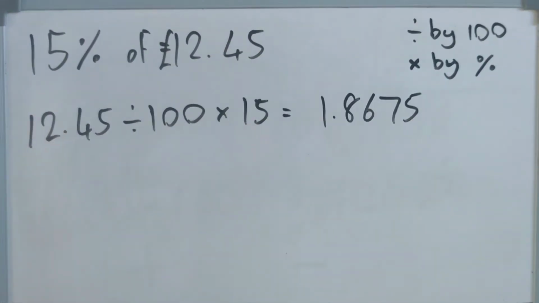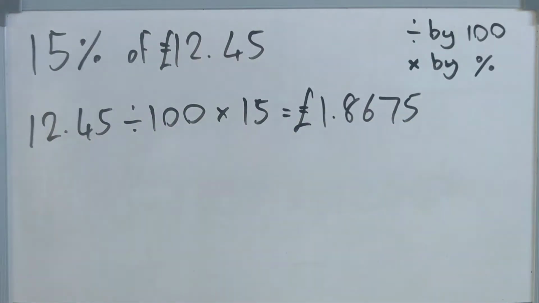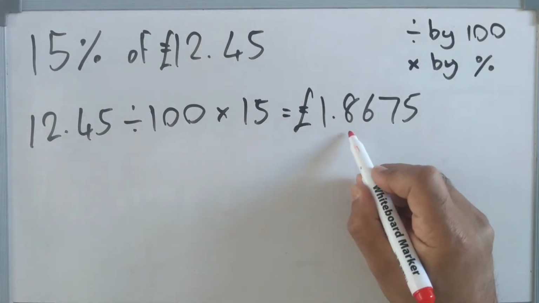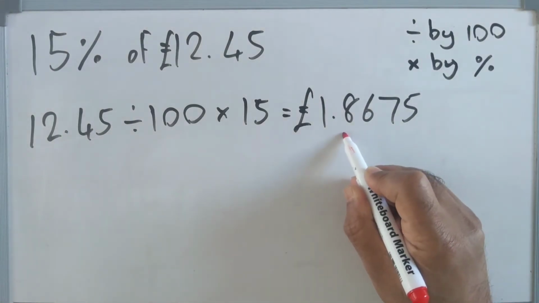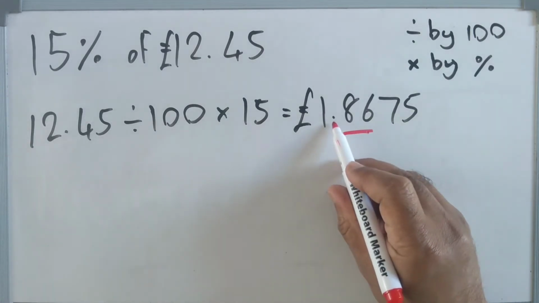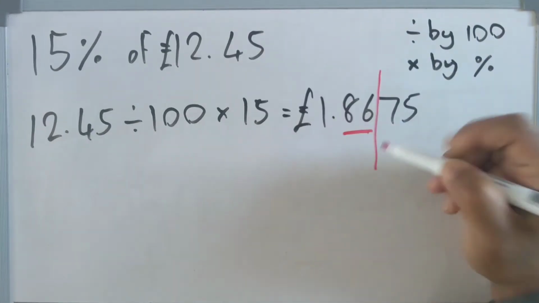Okay, and once again, we're talking about money, so it's £1.8675. That just doesn't look right, because normally when we're talking about money, we're talking about pounds and pennies, and we're normally leaving it to 2 decimal places, meaning after the decimal point there's 2 digits. So we actually need to cut off here.